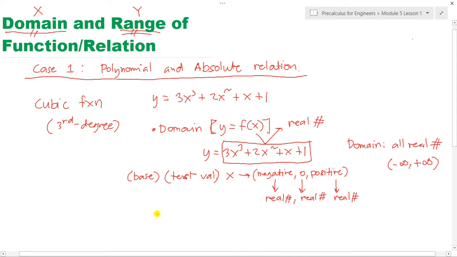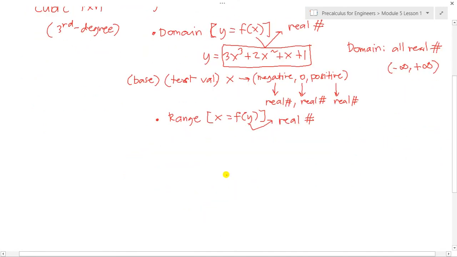How about for the range? So range should be transformed into x is equals to a function of y such that our function of y here should be a real number or a collection of real numbers. So since we cannot transform, di ba?